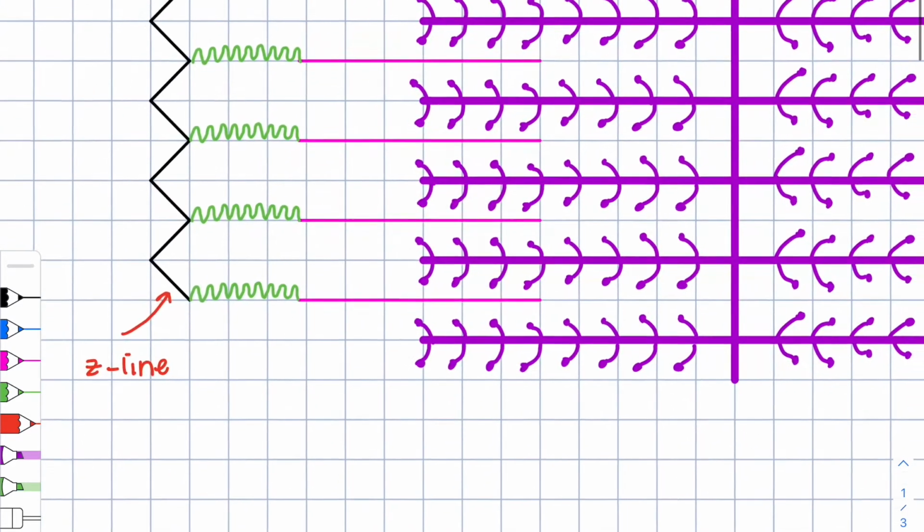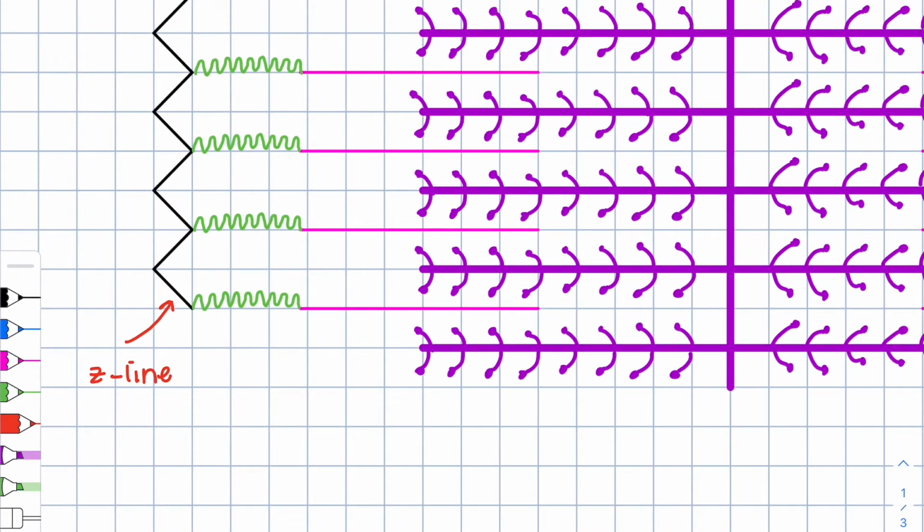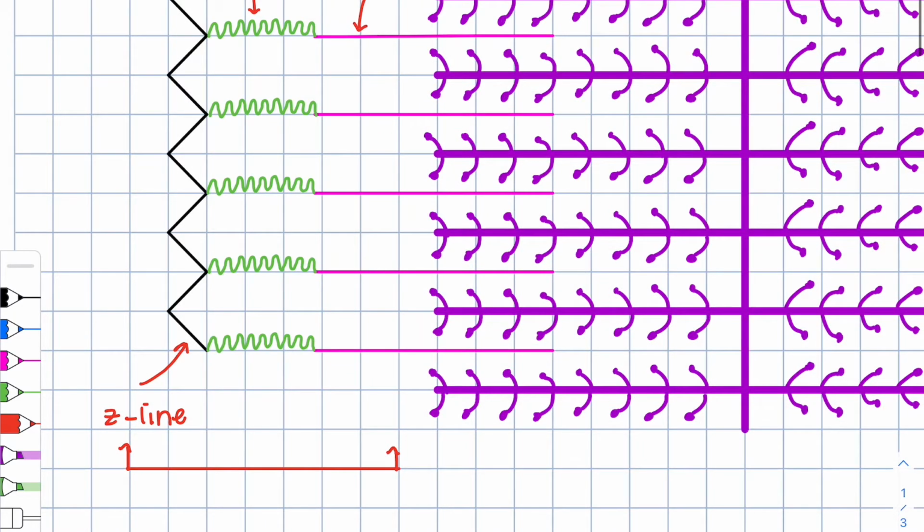If I were to draw somewhat of a dotted line right here, and I want you to take a look. Okay, so this area, I'm just going to go from here to here. The area that includes your Z line, the titin, and the actin is called the I band.